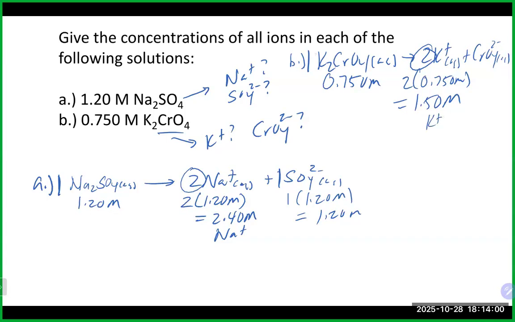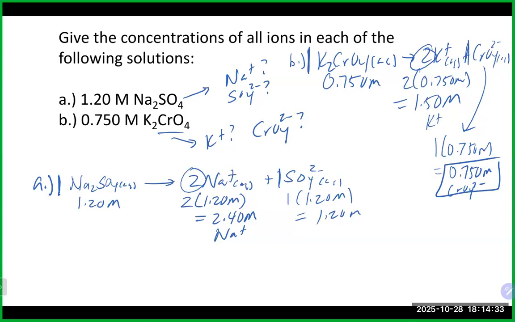And for our chromate, it is a 1-to-1 relationship. So we take 1 times our 0.75 molar, and that gets us 0.75 molar of our chromate ions. Any question on how to relate molarity of the whole thing to individual ions?